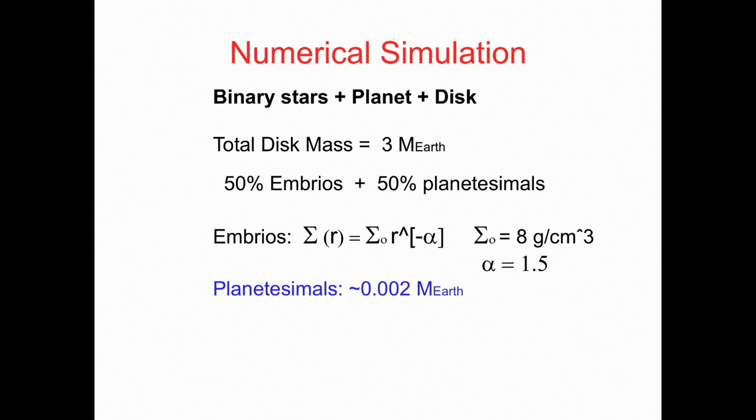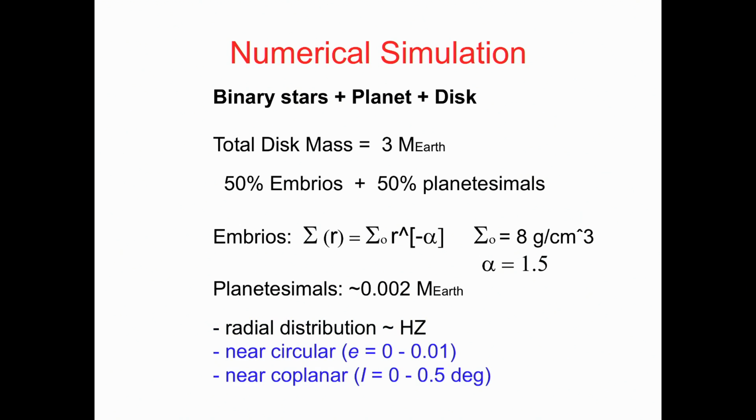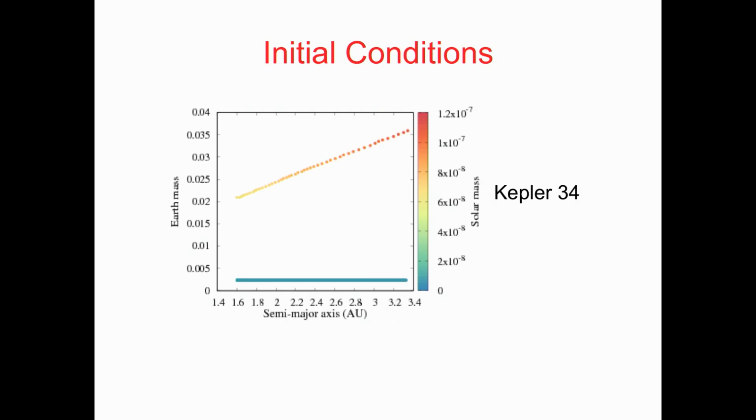And we distribute that mass in the habitable zone. We considered near circular orbits and near coplanar too. So here we have just the distribution of mass. Here is the mass distributed by semi-major axis. And the colors correspond to the real value of the mass.